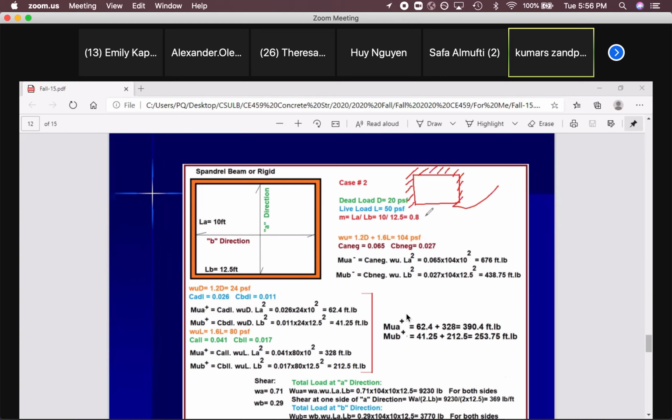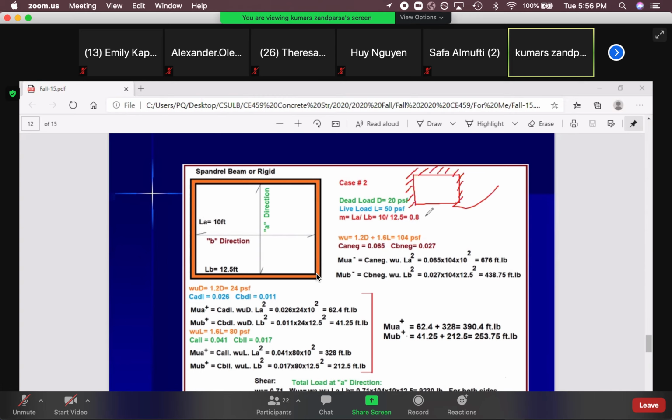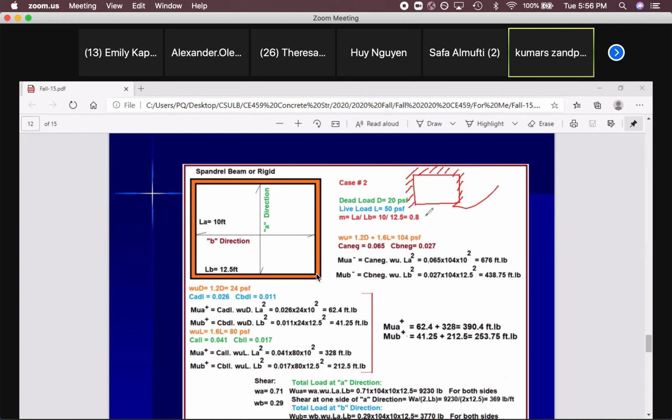So let me read this chat. Do you know how many questions you'll have on the final? Please, no. Maybe I am giving you one question, but it has multiple parts. So it has a slab, but then in the slab, I give you a beam, so you have to go after the beam.